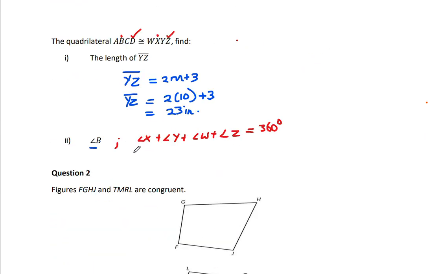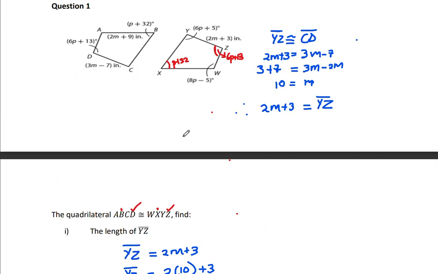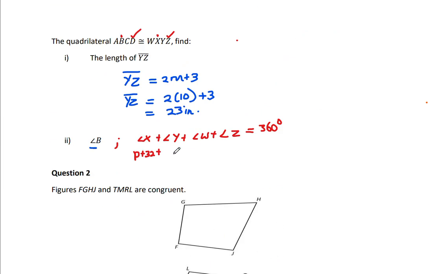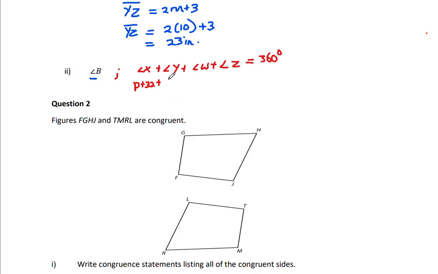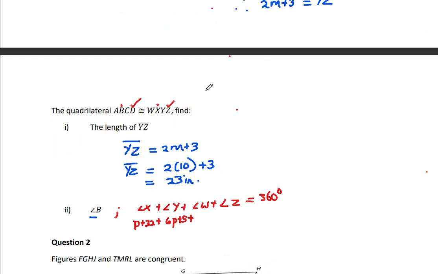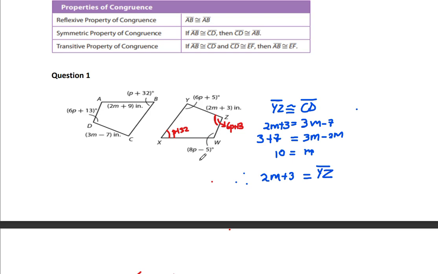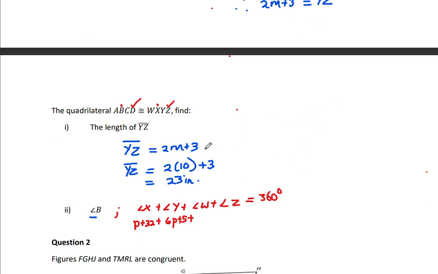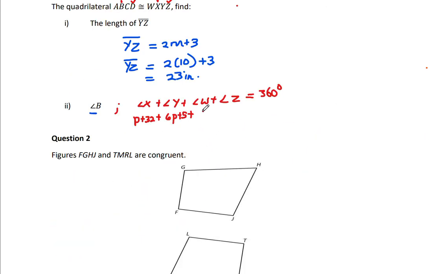So let's go ahead and write angle X is P plus 32 degrees. Angle Y is 6P plus 5. Then angle W here will be 8P minus 5, angle W is 8P take away 5.